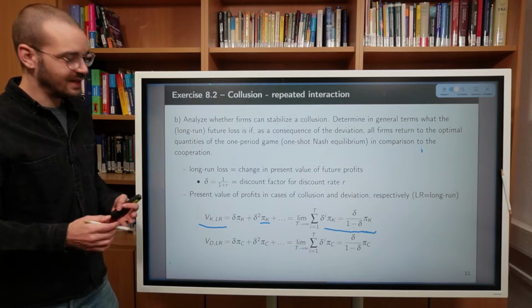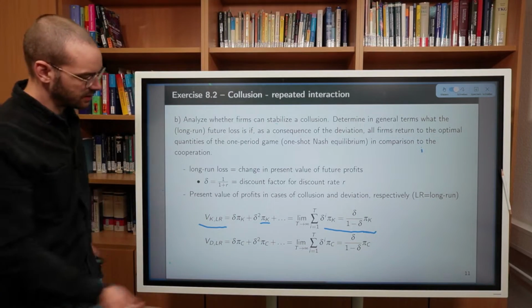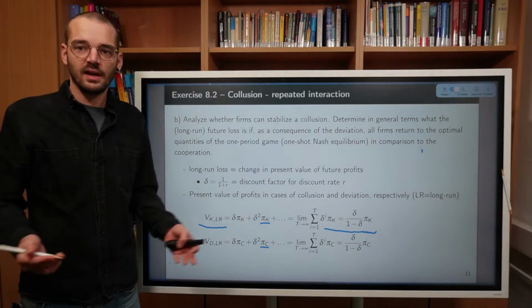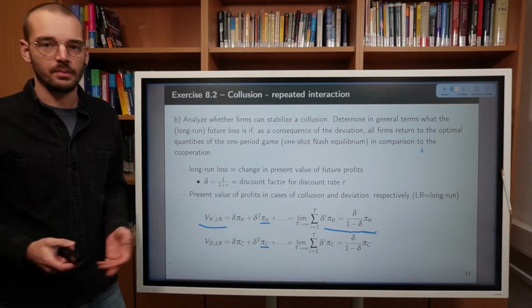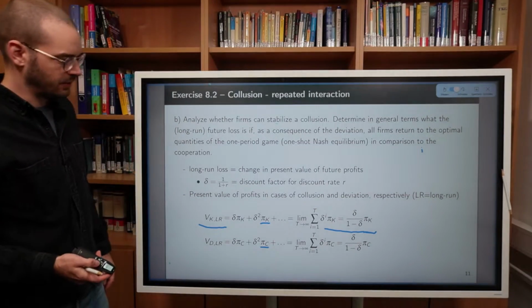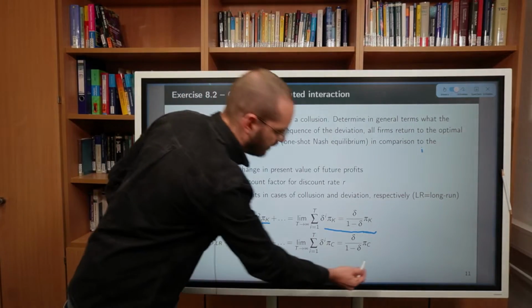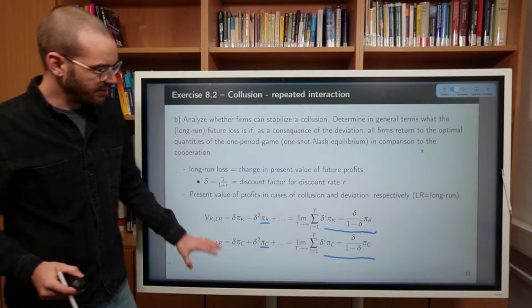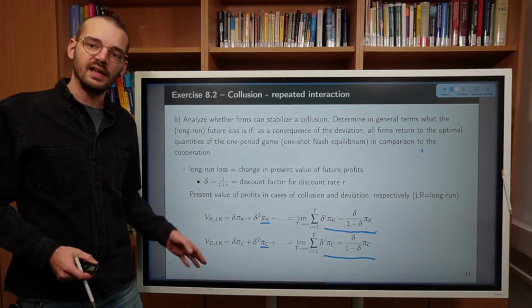So the calculation is exactly the same as it was under collusion. The only difference, of course, being that the profits are different, because now firms are making the profits under competition, no longer the profits under cooperation. And with that, we can find out that this down here is the present value of long run profits after deviation.